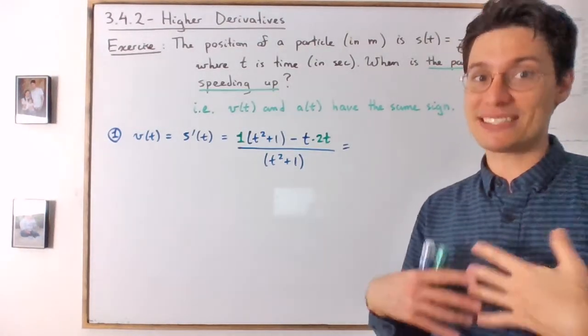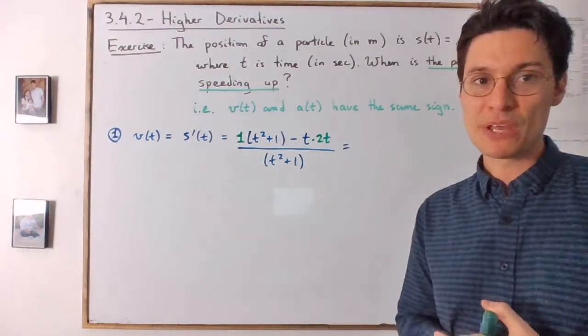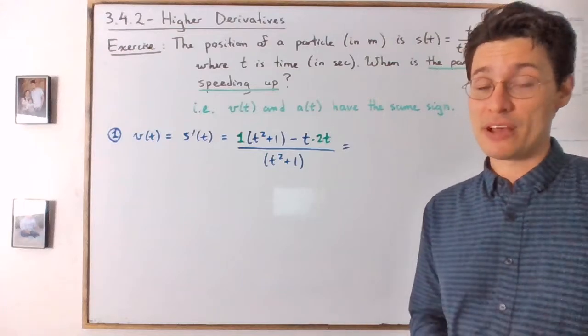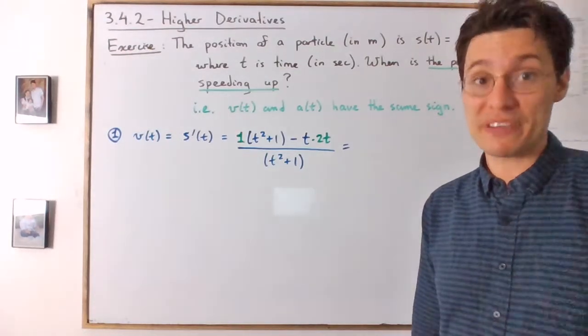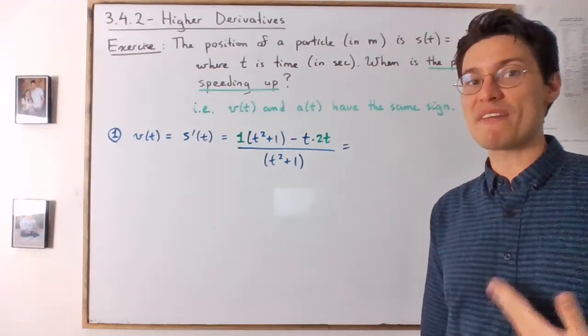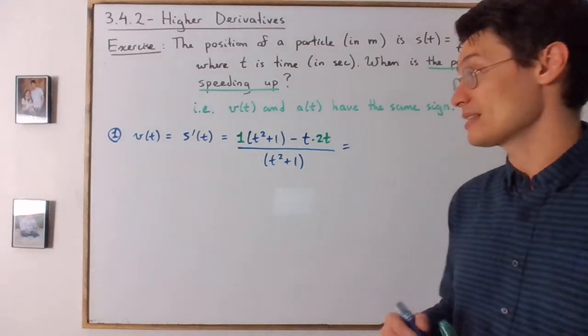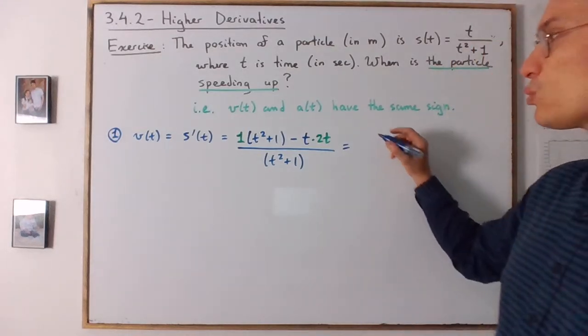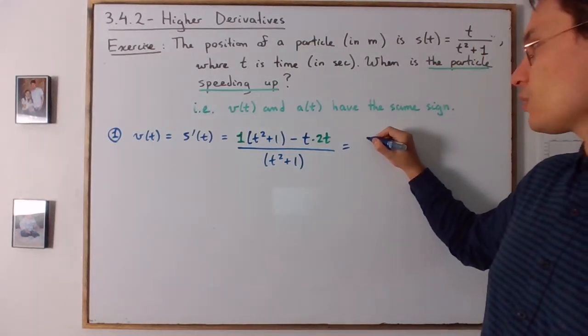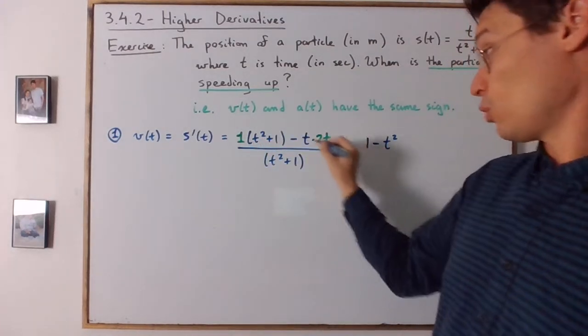Typically, as you move on to study stuff at university, you will quickly realize that the more derivatives you take, the more tedious it gets. So you always want to simplify your first derivative before even thinking about taking the second. And simplifying it will give you something rather simple. It will give you 1 minus t squared, because these two terms will pair up.